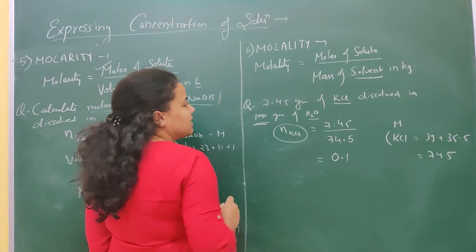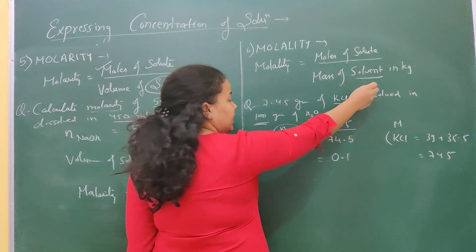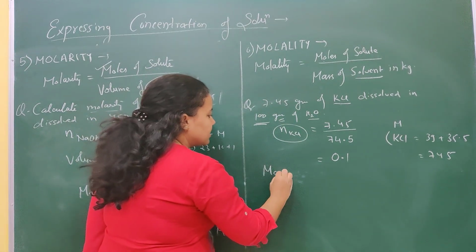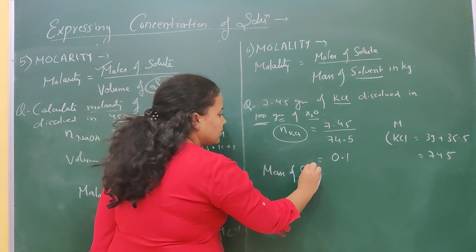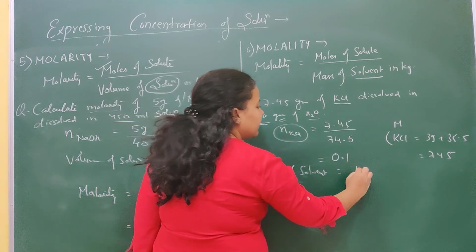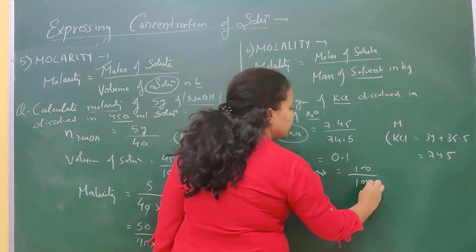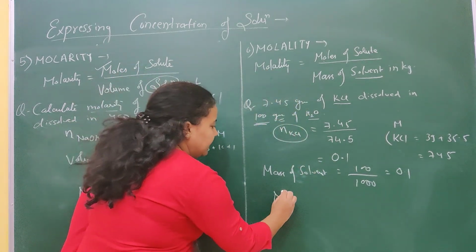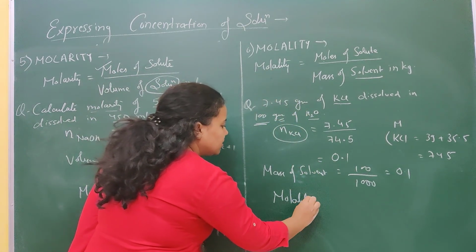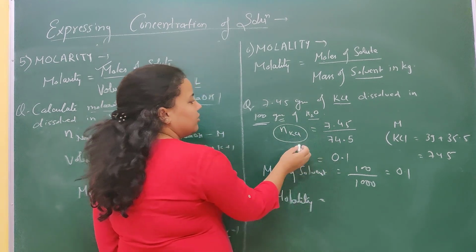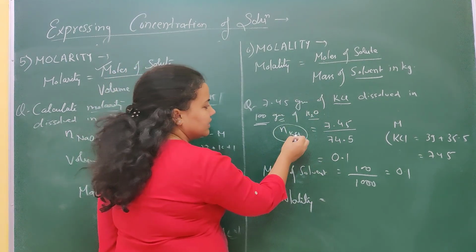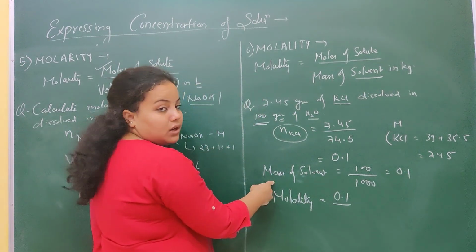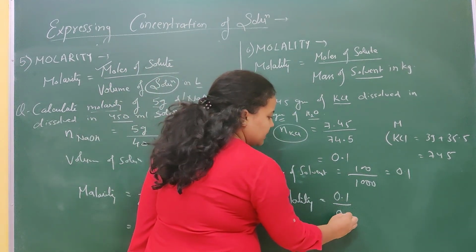Now here mass of solvent should be in kg, but here it is given in grams. So mass of solvent, it is 100 grams. So I'll convert it to kg first. It will come as 0.1. So what will be the molality? Molality is number of moles of KCl, which here is 0.1, upon mass of solvent in kg, which has come here as 0.1.